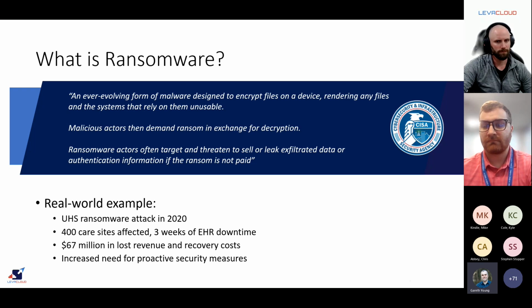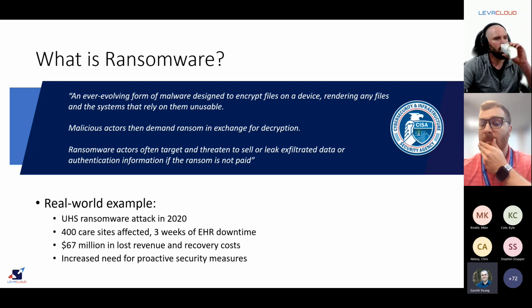And what's happening these days is some attackers will actually exfiltrate data before they encrypt it and then threaten to sell it or leak it if the ransom's not paid. So that's kind of like a double extortion ransomware attack. Now, CISA advises against paying ransoms and instead focuses on prevention and strong cybersecurity practices.